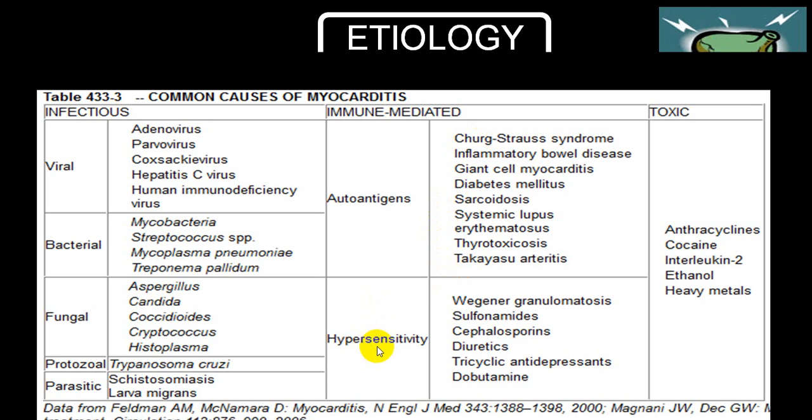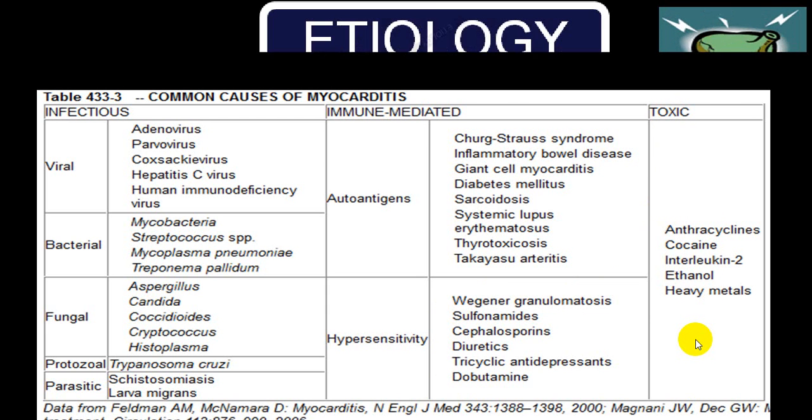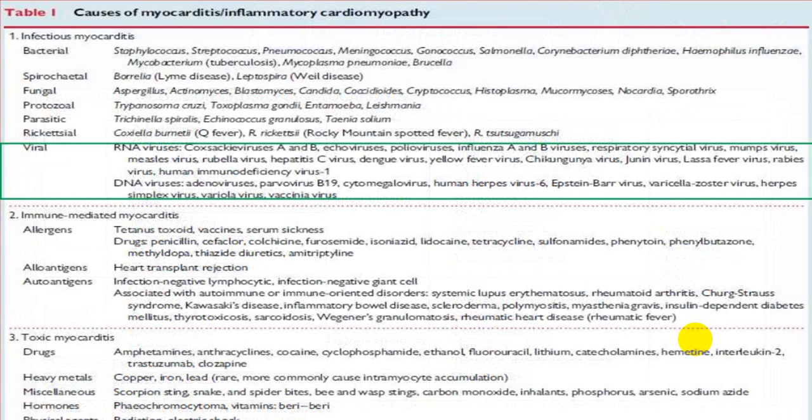While hypersensitive response in case of drugs like sulfonamide, cephalosporin, tricyclic antidepressant, and also in case of Wegener's granulomatosis. Toxic damage like cocaine, interleukins, ethanol, heavy metals, anthracyclines. These are the common. This is again a big list. Some of those we already discussed.